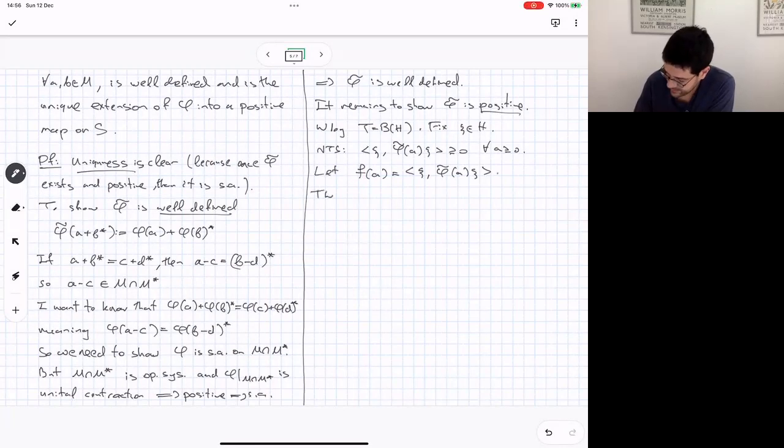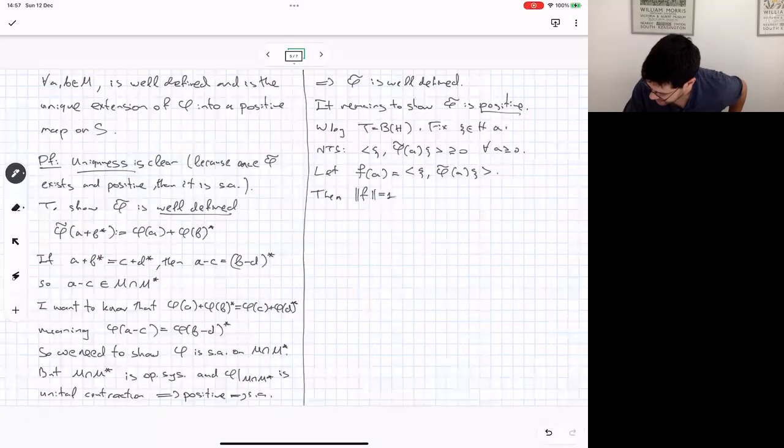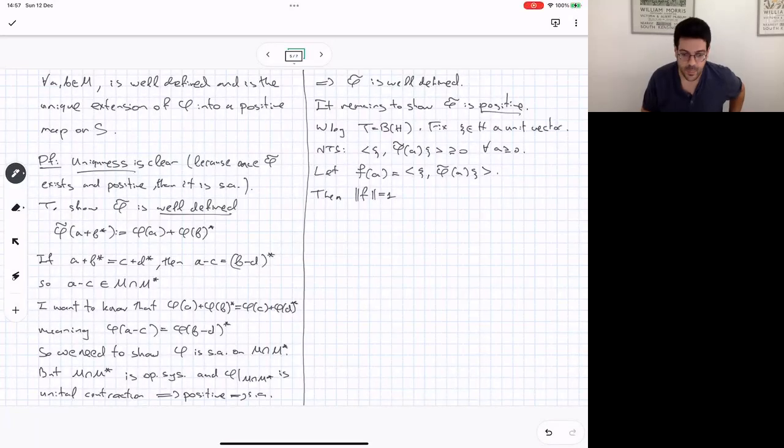Then F has norm, well, yes, I want to say that it has norm 1, so I need psi to be a unit vector. So I go up and say the fixed psi is a unit vector. Okay, so F has norm 1 by Hahn-Banach.